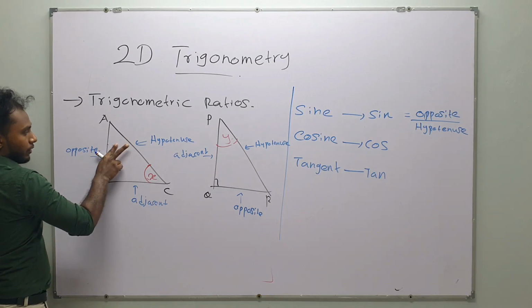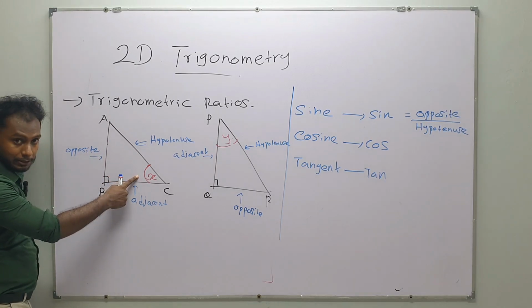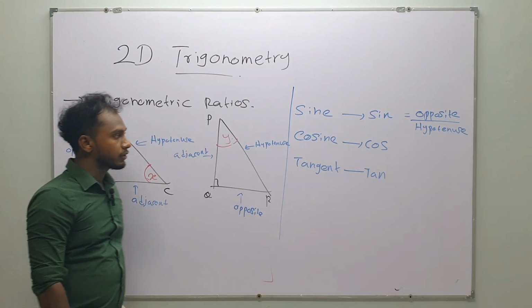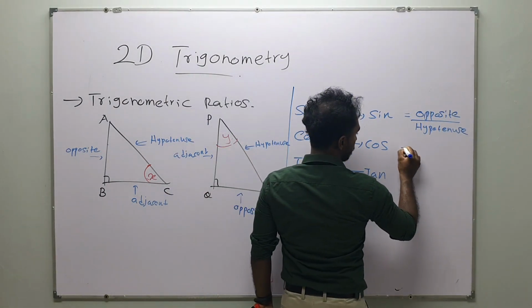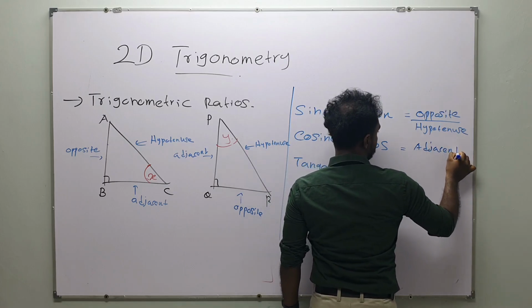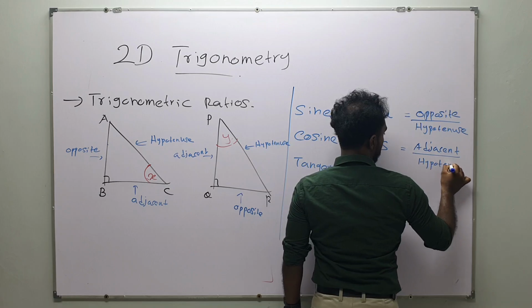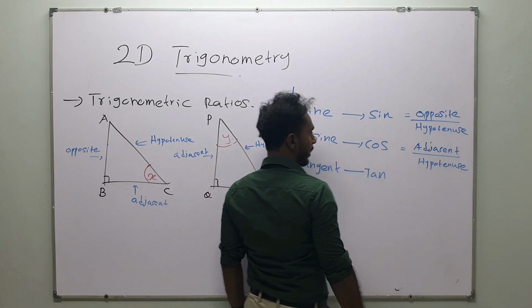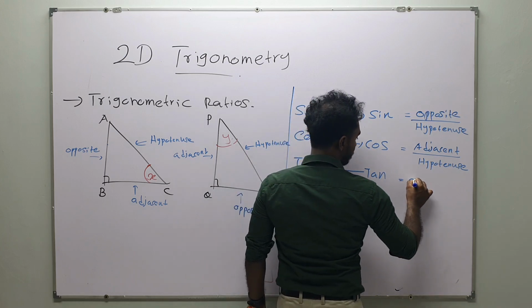So this pair of sides depends on the angle we select. Alright? So I told you sine equals opposite over hypotenuse, and cos equals adjacent over hypotenuse. Similarly, tangent equals opposite over adjacent.